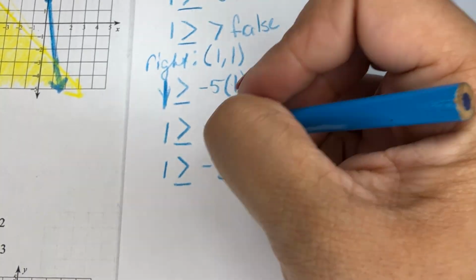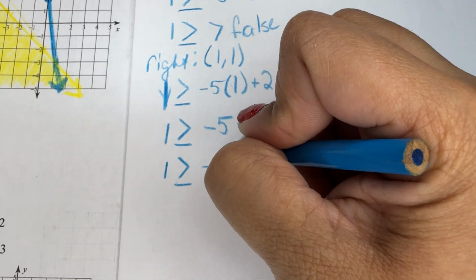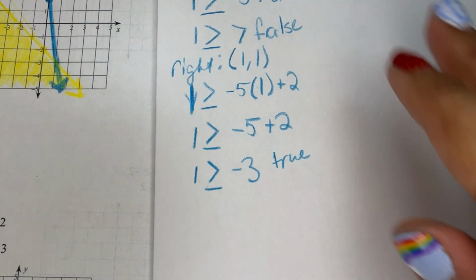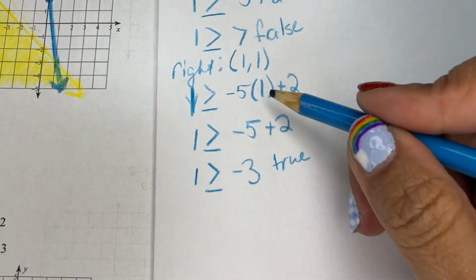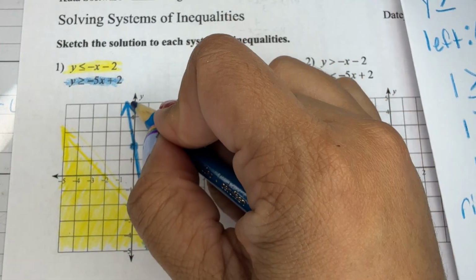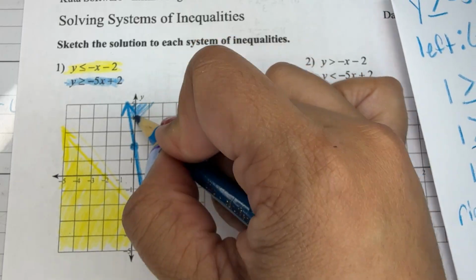Negative 1 is indeed greater than or equal to negative 3, so that's true. So I'm going to shade the part of the graph that contains the point 1, 1. So that's this side. And I'm going to shade here.